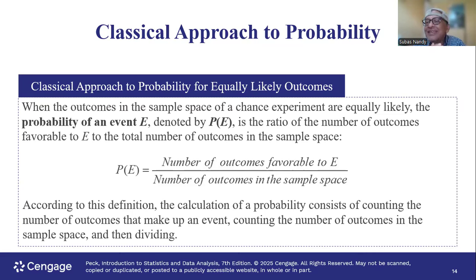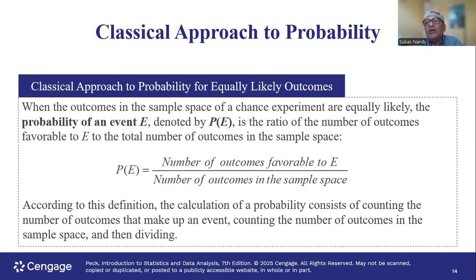What is an easy way of understanding this? Think of the probability of head in the long run. We know each coin has two faces. So that number 2 will go in the denominator. In the numerator, we are looking for how many of those two faces have head, and that's only 1.